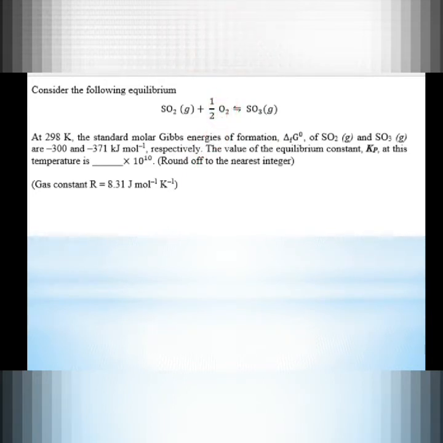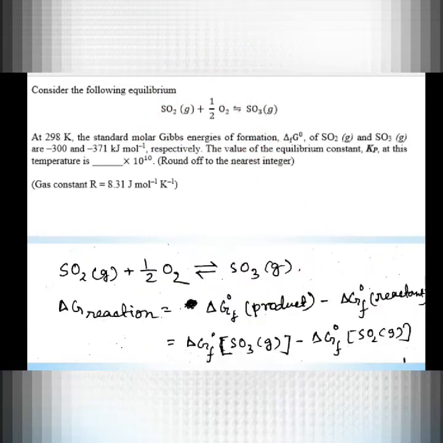To calculate Kp, we first have to calculate the Gibbs energy of the reaction, that is ΔG reaction is equal to ΔGf product minus ΔGf reactant. The values are given: the product SO3 is minus 371 kilojoule per mole, and the reactant SO2 is minus 300 kilojoule per mole. By putting in these values, we can get the ΔG reaction value.